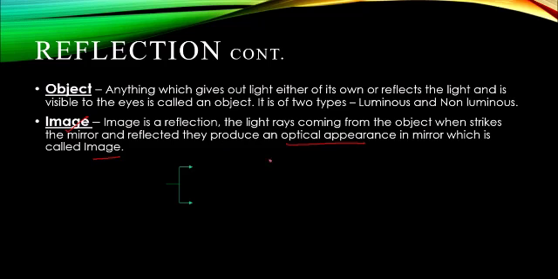So when this is the object, the light rays coming from the object, when they fall on the mirror, create an image of that object. It might be smaller or bigger, depending on the property of the mirror and the distance of the object. So through it only the image is produced. Image is produced in the mirror or on the retina of an eye, which we are able to see.